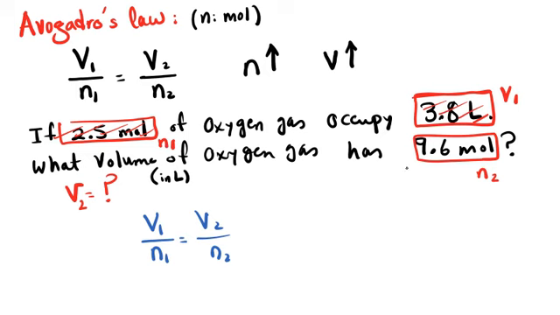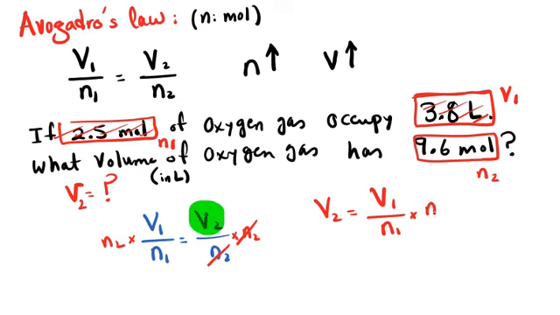I'm going to solve for V2, so I need to rearrange this equation. I need to multiply both sides by N2. N2 and N2 cancel out. So V2 is equal to V1 over N1 times N2.